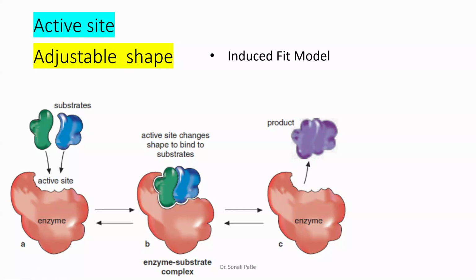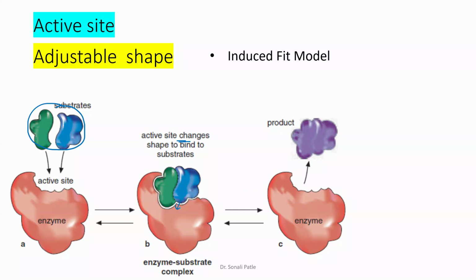Now we have talked about the lock and key model. Now this one is the induced fit model, which says that yes, the active site is there, which combines with the substrates, but in addition to that, there is one more aspect: the active site can make little conformational changes. It can change its shape so that it binds to the substrate.